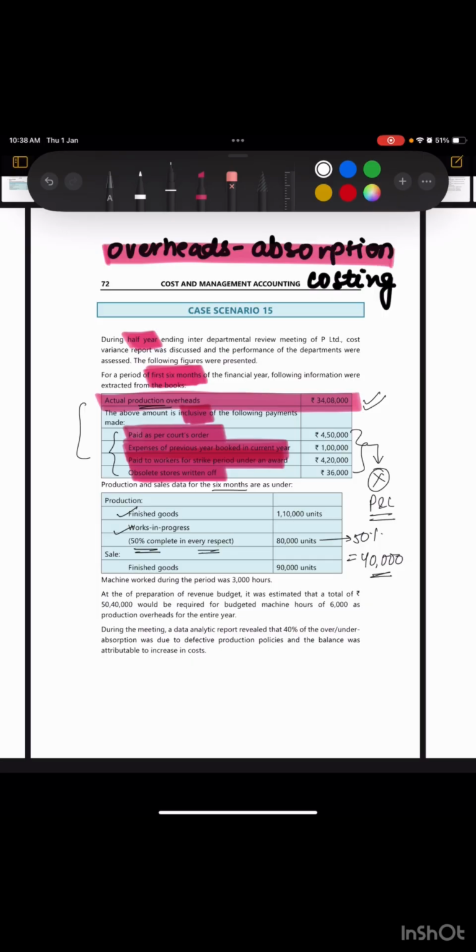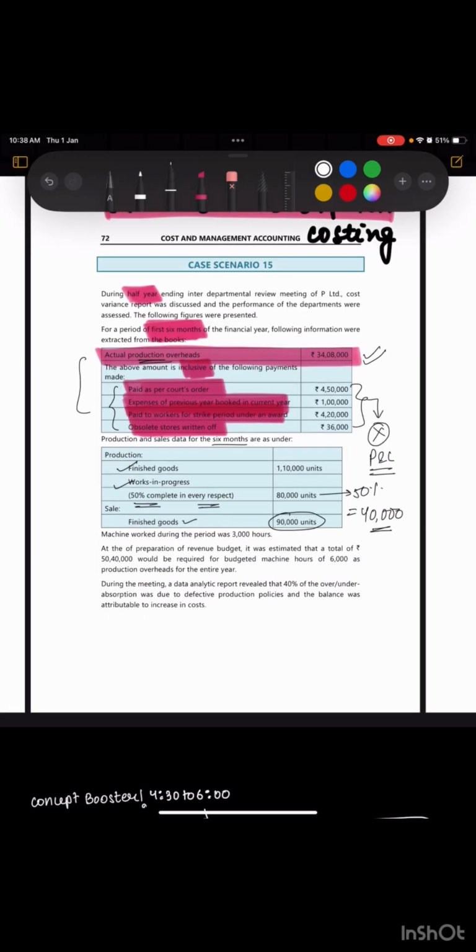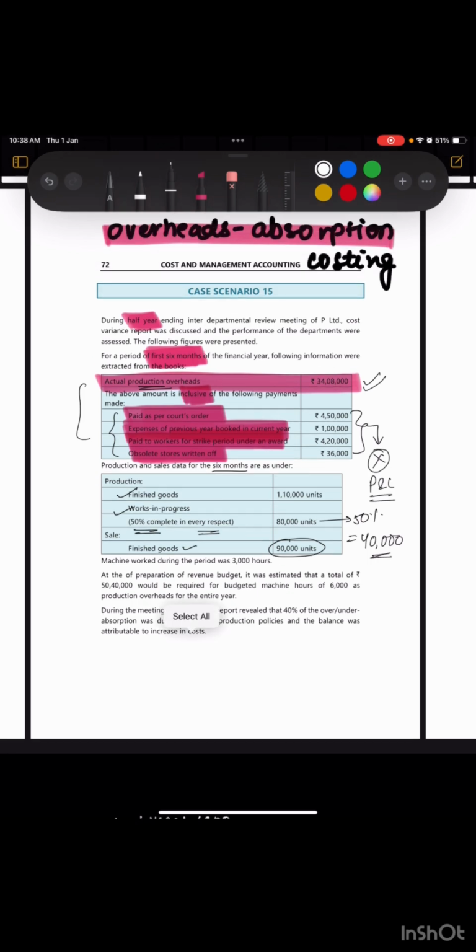Next we have the sales figure, that is 90,000. So we can see that there will be a closing stock as well. Now the machine hours worked during the period are 3000 hours. This might be used in the case study further.